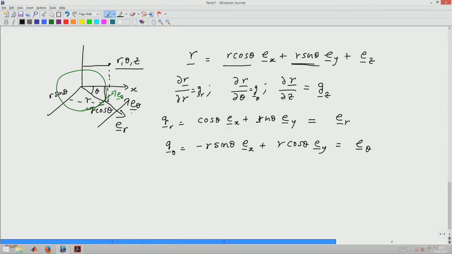And so, therefore, what we have is we again are getting base vectors which are familiar to us, and we know them from before, and g z is going to be just E z, because del r by del z is going to be just in terms of 1, and therefore, the unit vector will be E z.